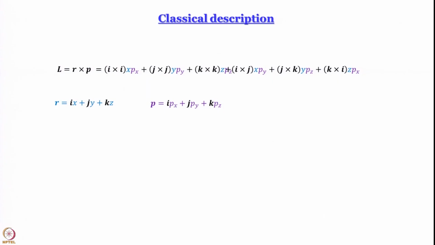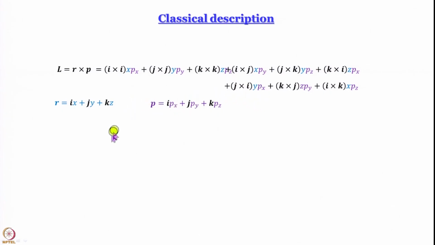What would the last terms be? We can take the reverse order alphabetically. We have taken i cross j, now let us do j cross i. We have taken k cross i, now let us take k cross j, and let us take i cross k. Okay. So, this is what we will get, jy cross ipx, that gives you j cross i ypx.